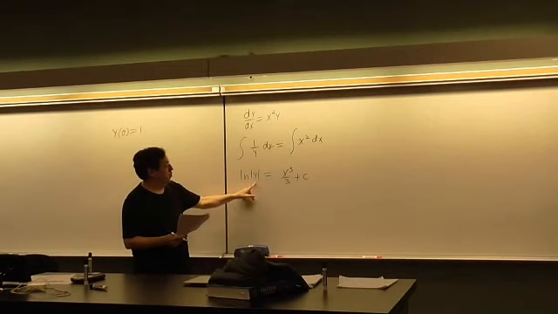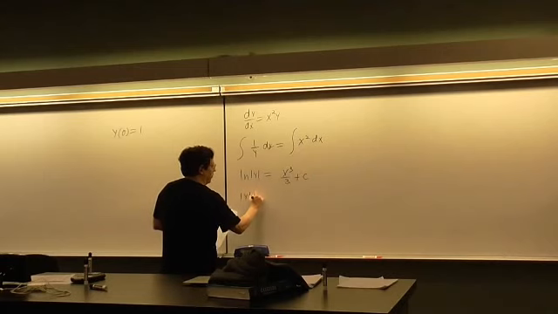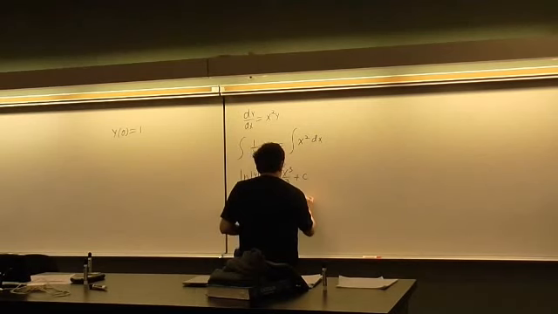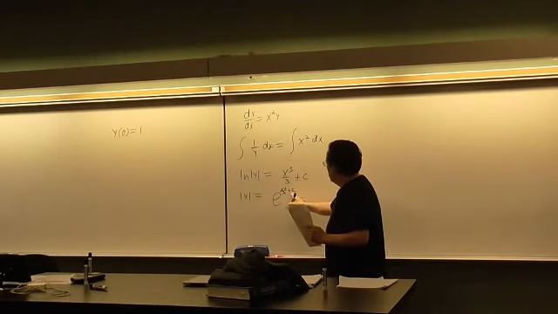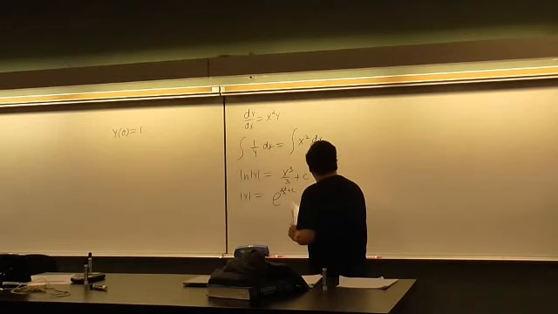And we raise this to the e power, right? So we have absolute value y equals e to the x cubed over 3 plus c, which again, since this constant of integration is in the exponent, you can just take it out front as some other constant.